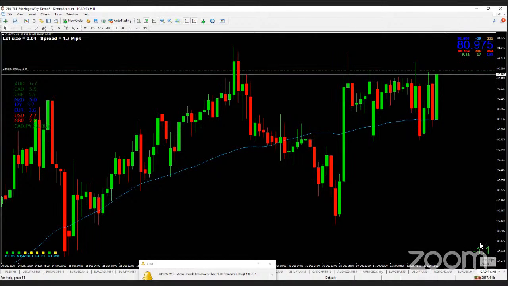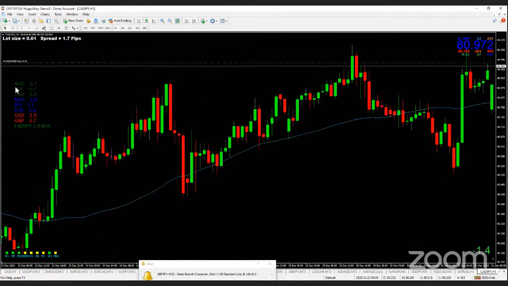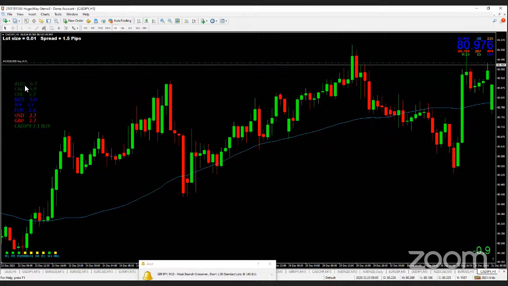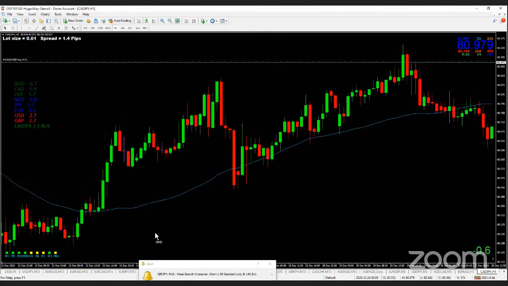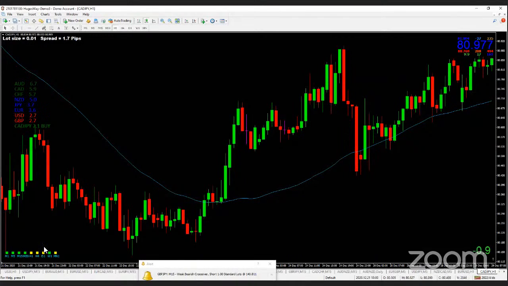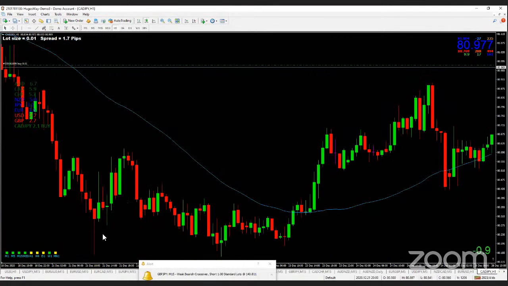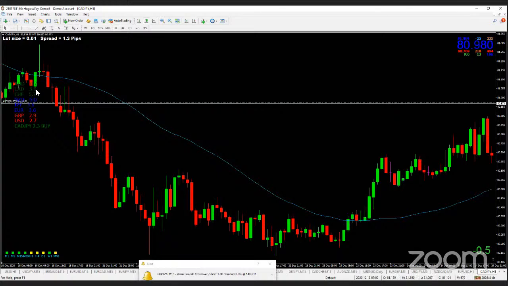That's the pipsometer or the pip counter. But then you have the one we've been looking at today, which is the currency strength meter. We also have this one at the bottom left-hand corner here, which is the trend bar, the trend meter. So this one is the currency strength meter.